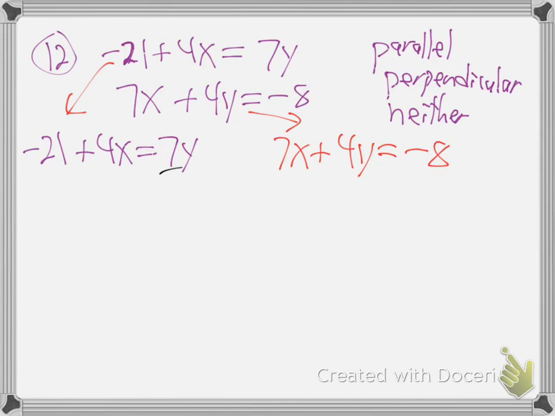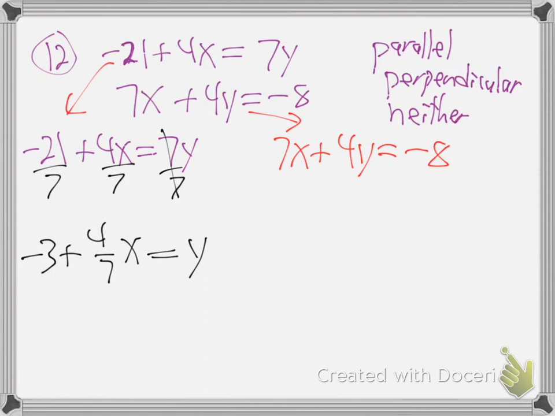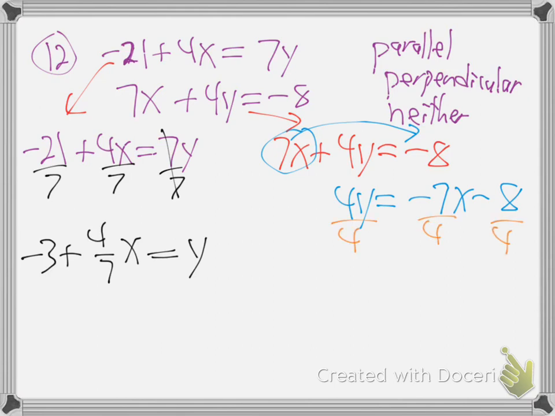So to get y alone, I'm just going to divide through by 7 here. So y alone there. Good. And then the other one, grab the 7x, jump it over. Minus 7x. And then last step, divide by 4. Y equals minus 7/4 x minus 2.